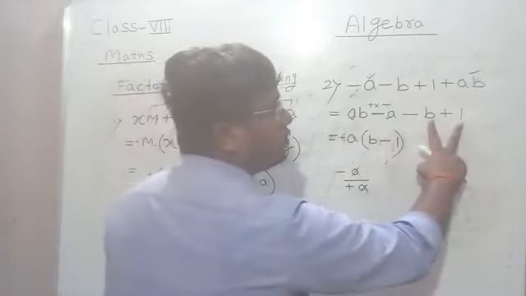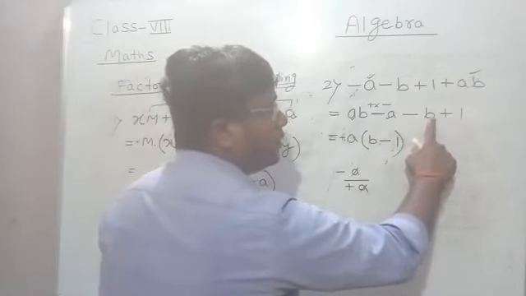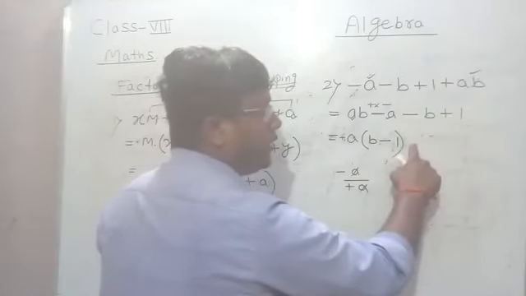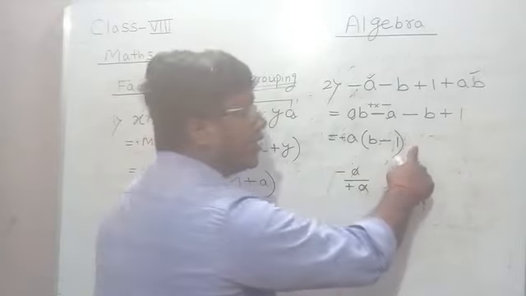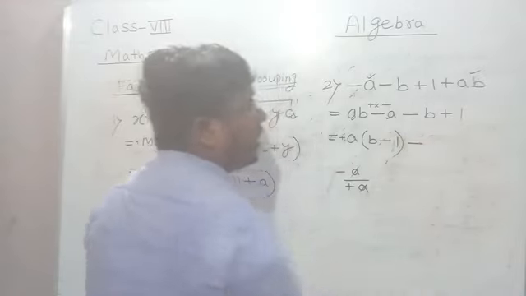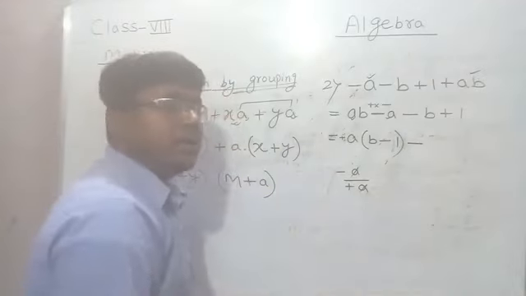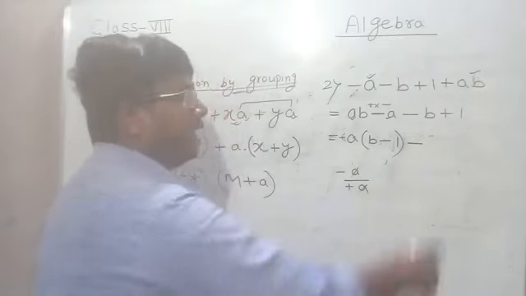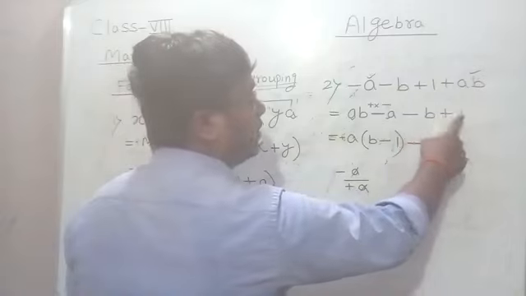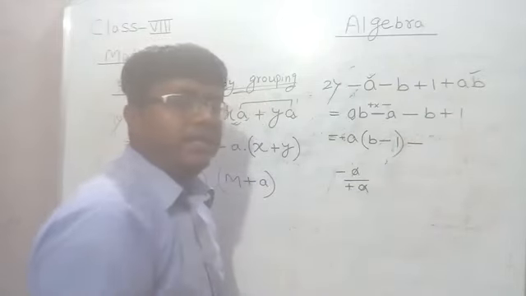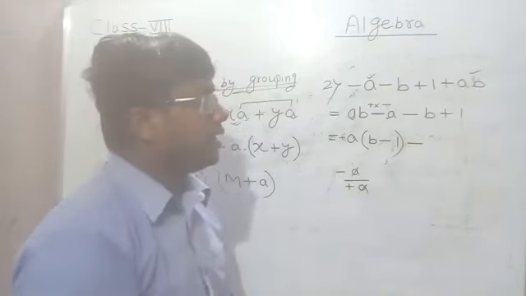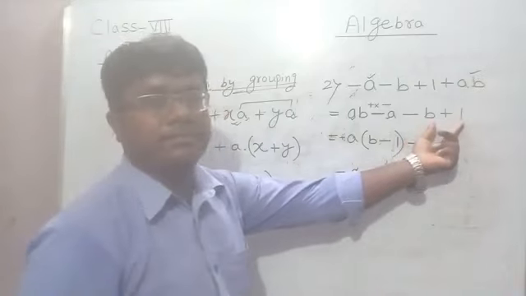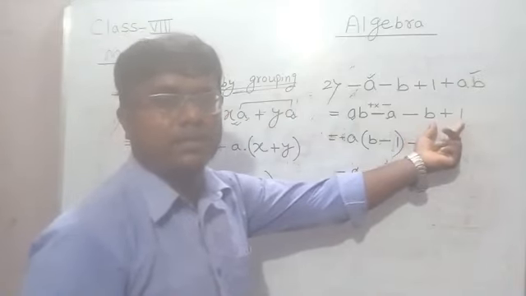Now in these two terms, which sign should we take as common? It is negative, so I will take minus as common. Is anything common here? b is only in this term, there is no b in the other, so nothing is common. But if you see nothing common, you can take 1 as common. 1 is always common.